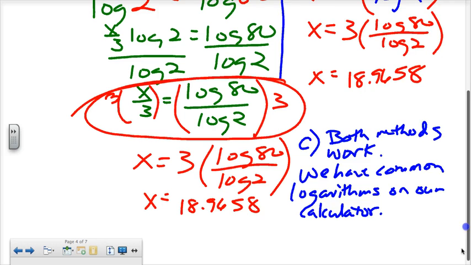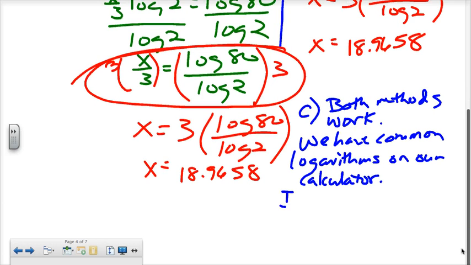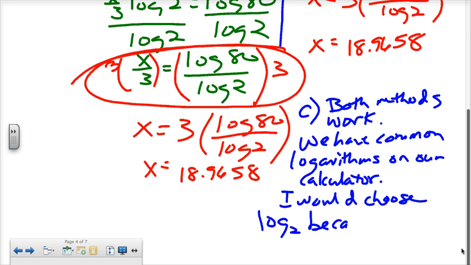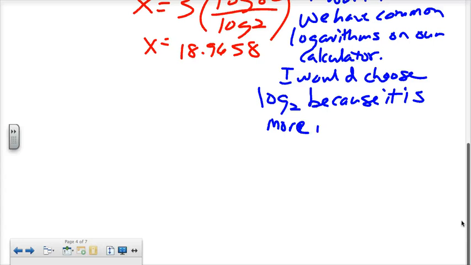However, like I said, I would choose logarithm base 2 because it is more intuitive and logical.